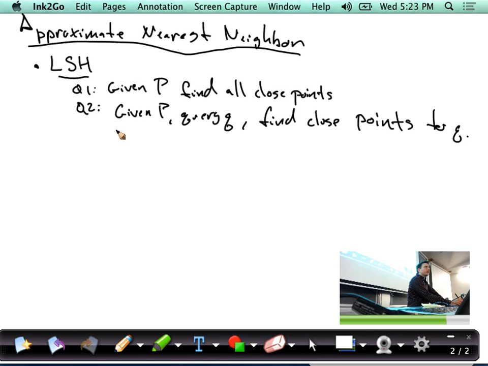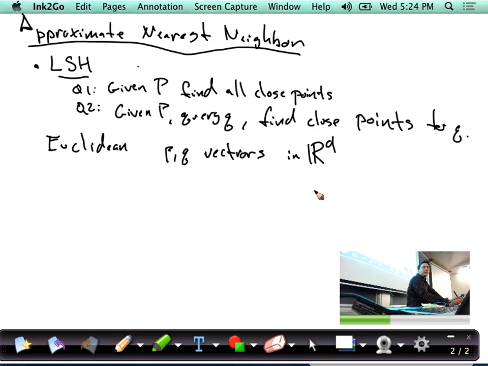The stuff we'll talk about today will mainly be where we're dealing with the Euclidean distance, where P and Q are vectors in R^d, and the distance between them is the norm of Q minus P, the 2-norm.